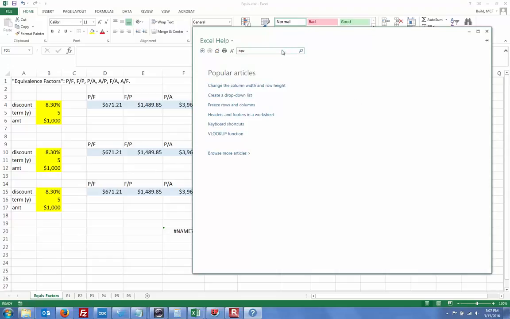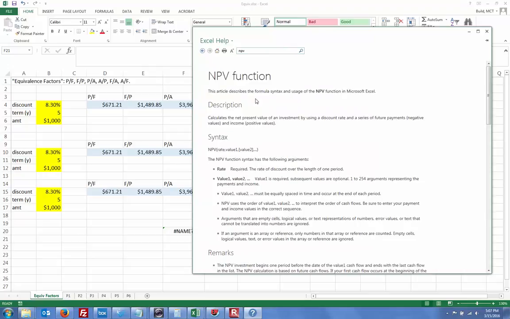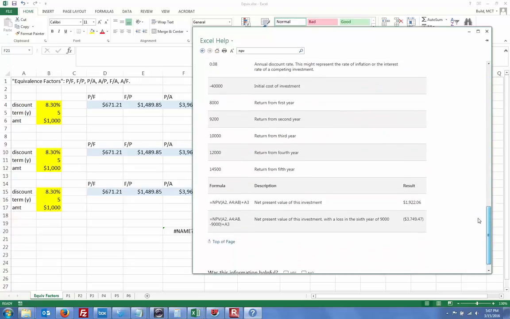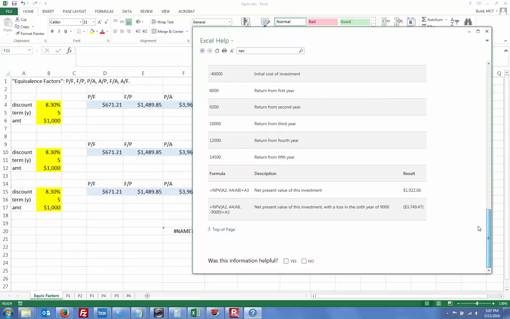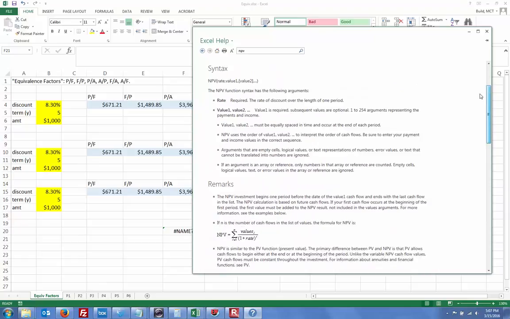Net present value. I want to see what the related functions are.